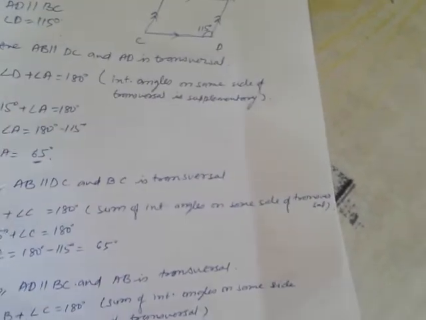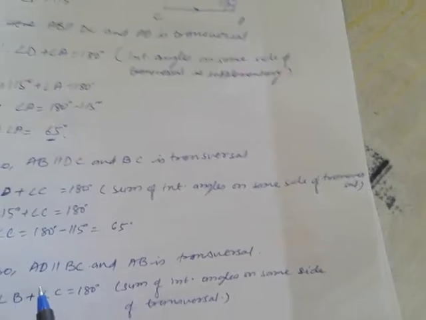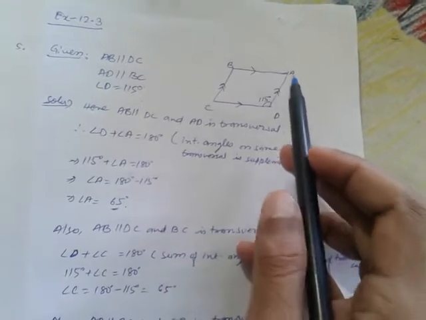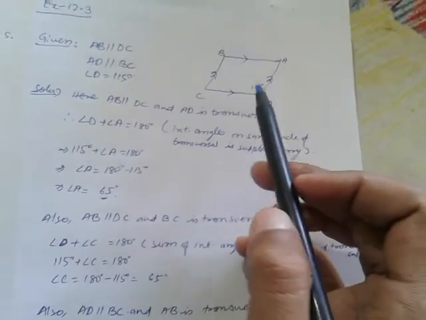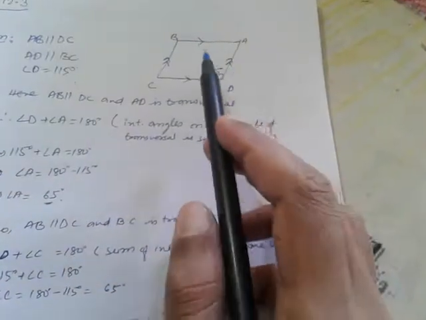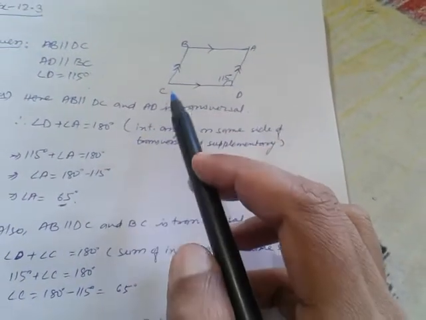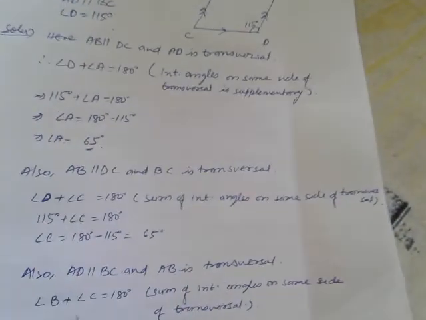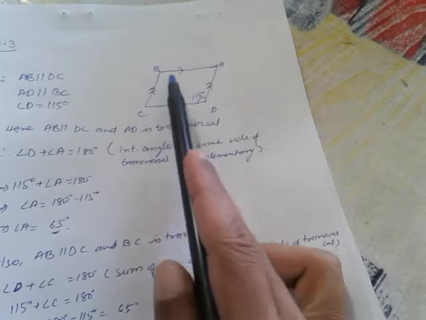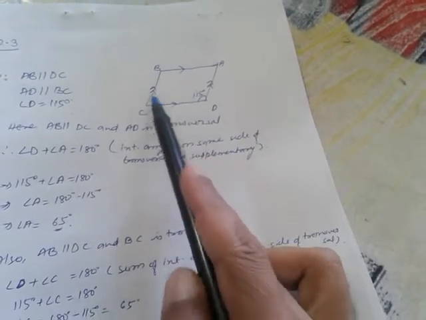So when you get 65 as C, again AD is parallel to BC, and in this case I take AB as a transversal. AD and BC are the parallel lines and AB is the transversal.